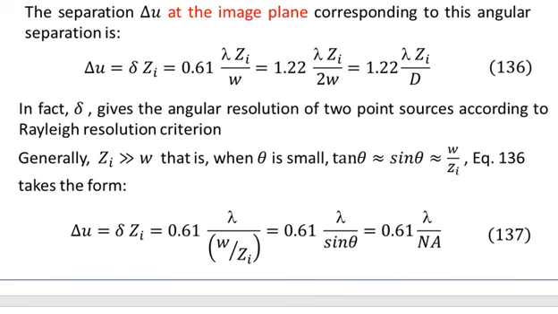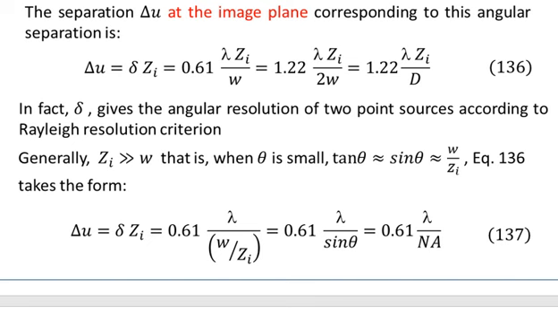What is NA? NA is actually the numerical aperture of our exit pupil or our imaging system. So NA is equal to sine of theta. The actual expression of the numerical aperture is equal to the refractive index times the sine of theta.